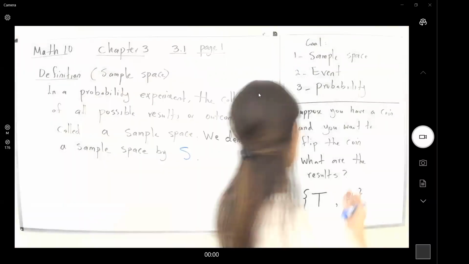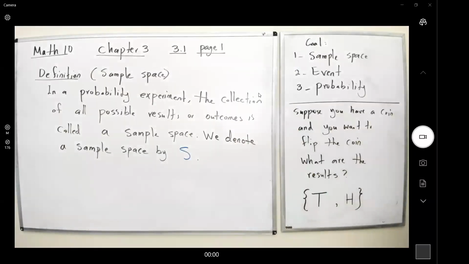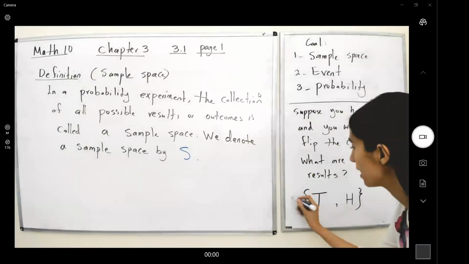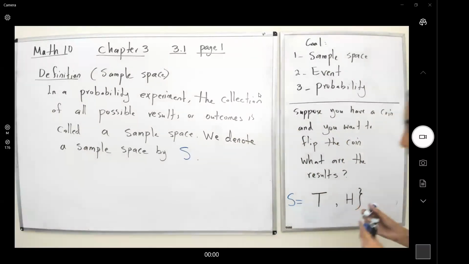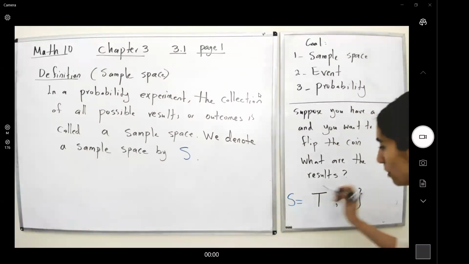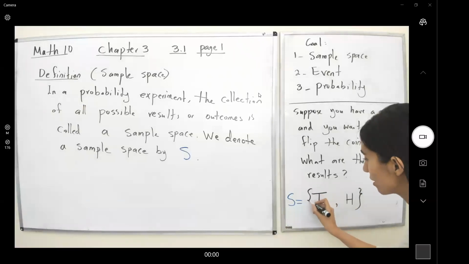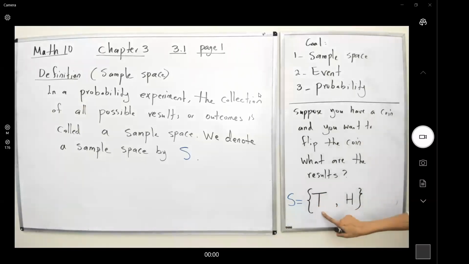So in this experiment, we have two possible results, having tail or having head. You write S, the sample space, equals the set of, the collection of. Remember to use curly brackets, and we list all possible results separated by commas.